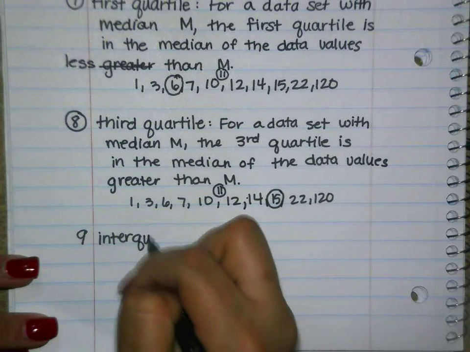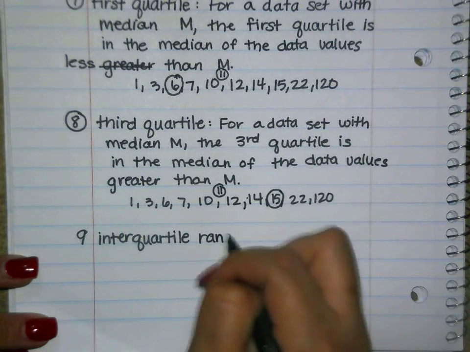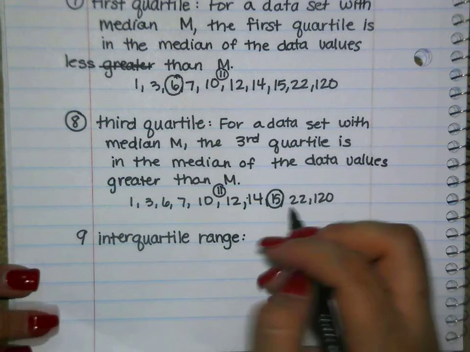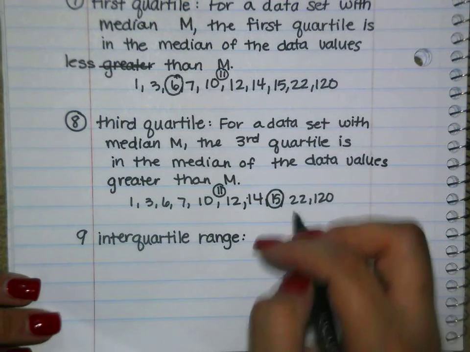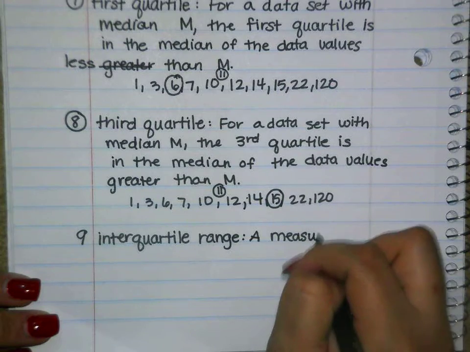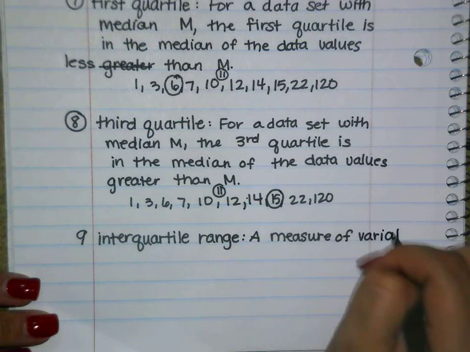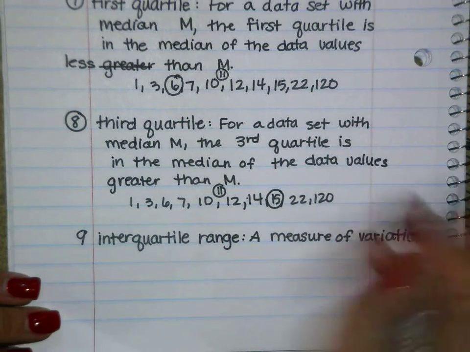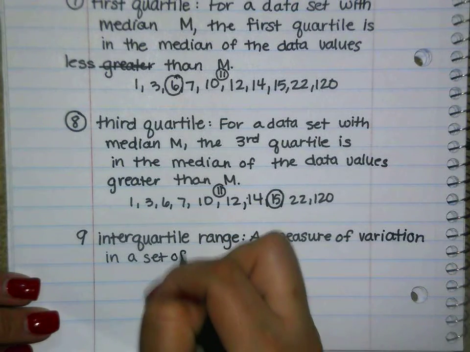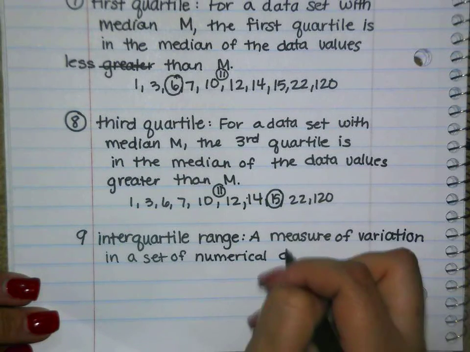An interquartile range is a measure of variation in a set of numerical data. The interquartile range is the distance between the first and the third quartiles.